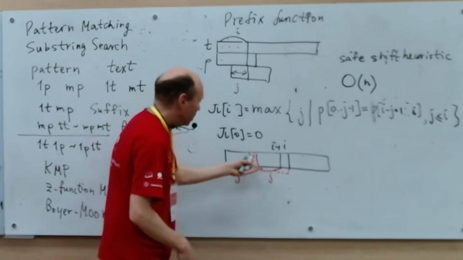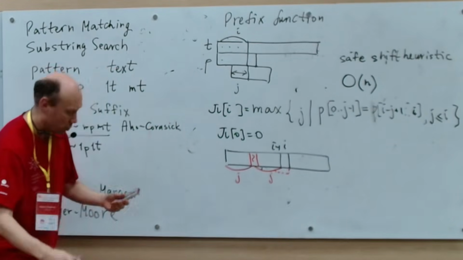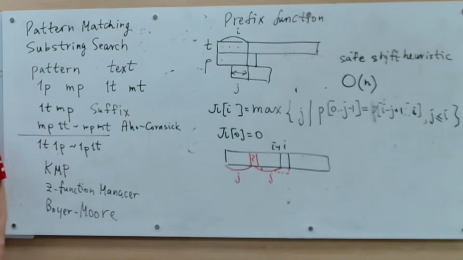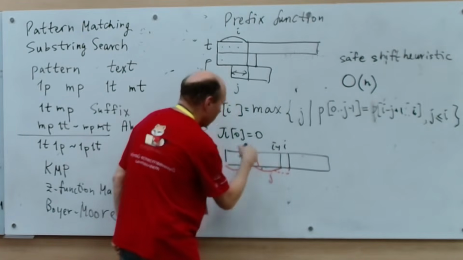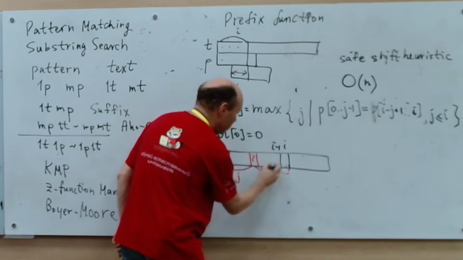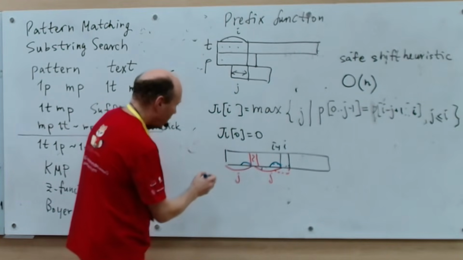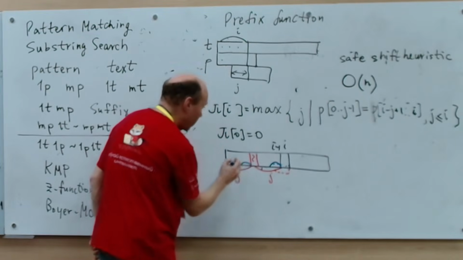Okay, so if this matches, we are done. But what if it doesn't match? What is the next value that we should try? Well, the answer is we suppose that this would be the answer. Then this matches this, and also it matches the beginning.